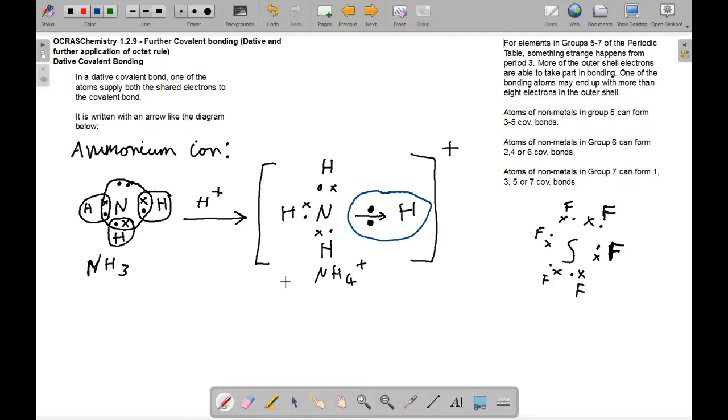In this case it's the nitrogen. So then the ammonium ion is made when this happens, and it's usually represented with an arrow, and the electrons are never usually shown. It's usually represented like this, but I just wanted to put the electrons in to show you where the electrons are going.